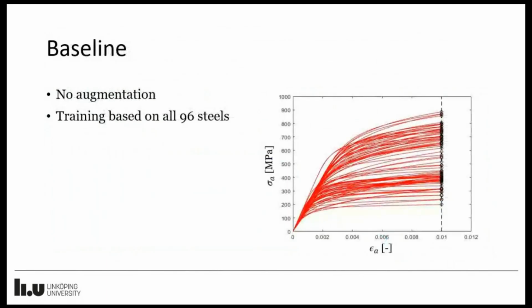We start with the baseline, and the baseline is that we have no augmentation. So we're going to use all our 96 materials and perform the training with that. So here we have all the 96 Ramberg-Osgood plots.